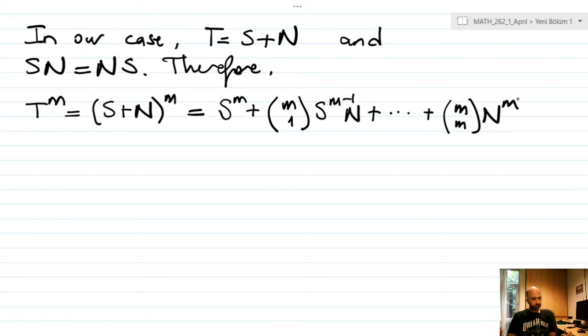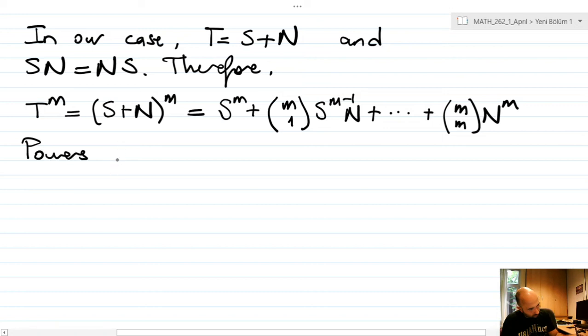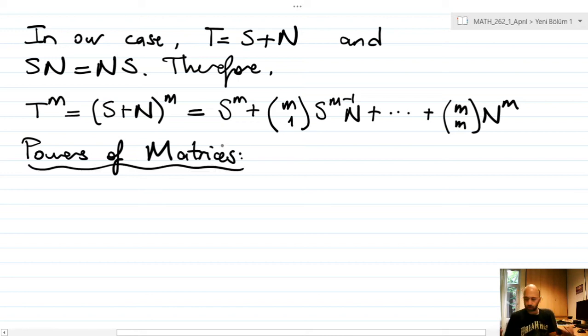Okay, this was the first thing to note. Now let's come back to matrices, so powers of matrices. This was for a general operator. Now let's select the basis and do this power business for matrices.